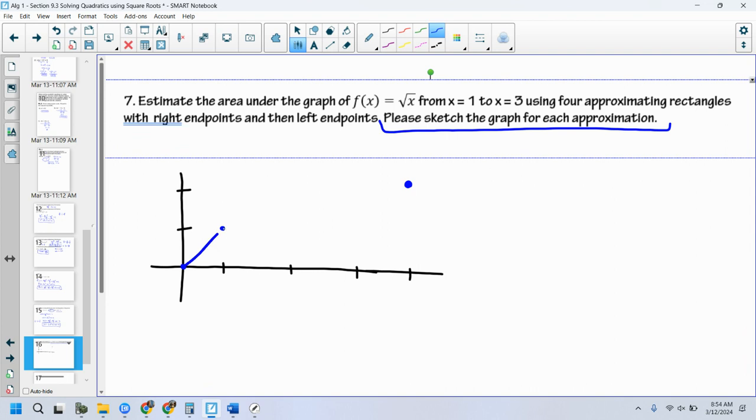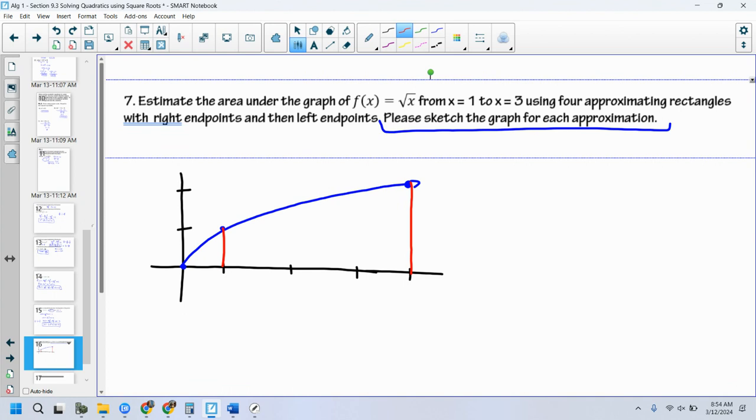So here is my curve. Curve it up. There we go. I know it's going to keep going past that, but I really don't care about that. I really only care about this piece in here. Right? The area under the curve in that section.